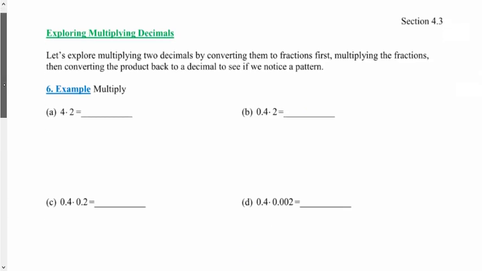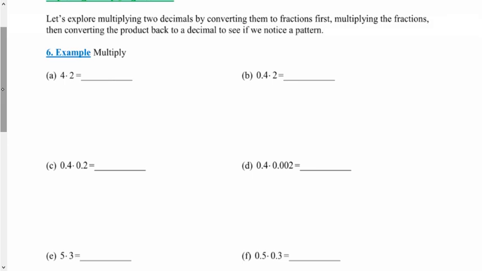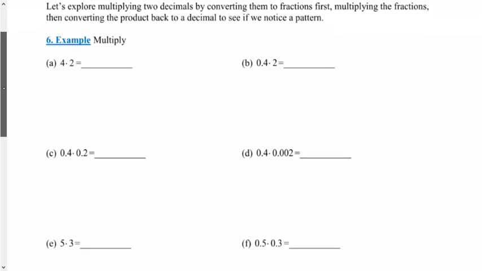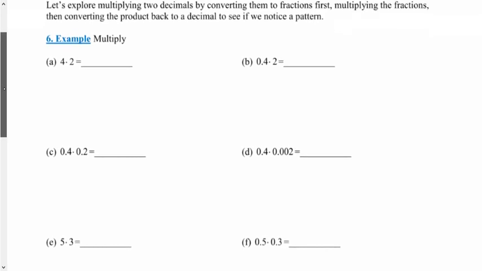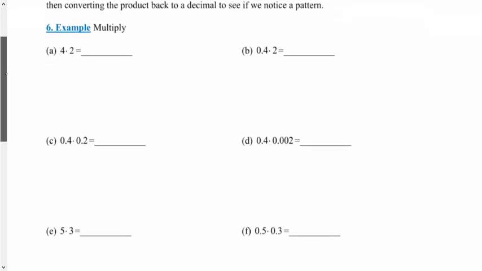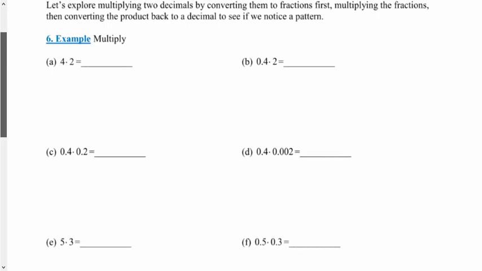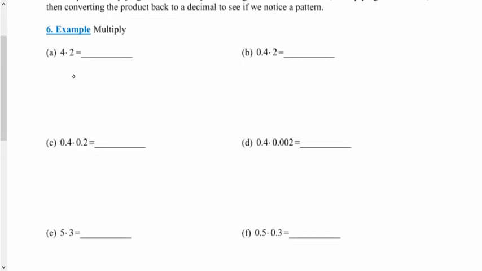We're going to explore what happens whenever we take two regular numbers and convert them to fractions, then multiply them, try to discover our pattern, and that's going to develop our algorithm for multiplying decimals quickly every time. So if I have 4 times 2, that's just super easy. That's just 8, right?